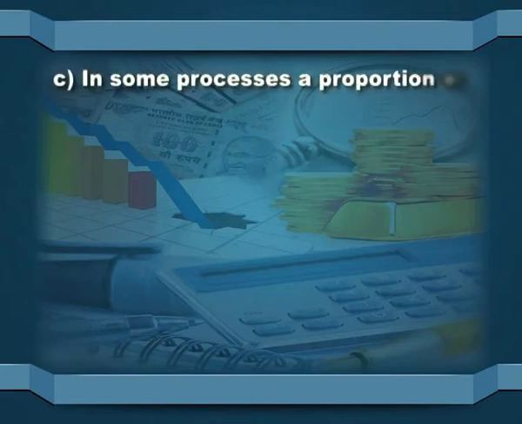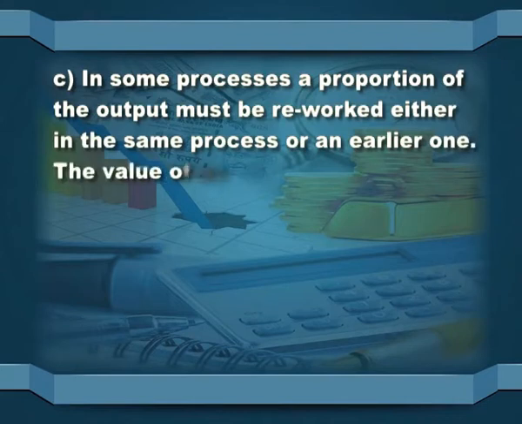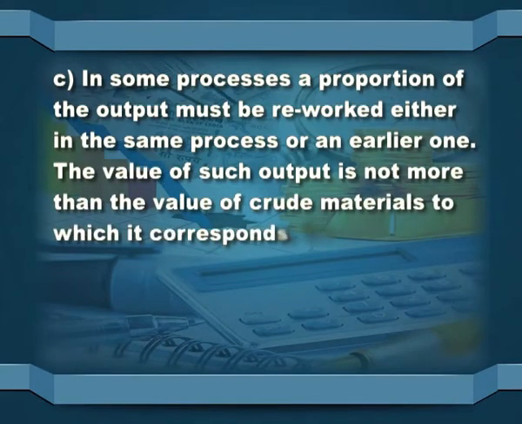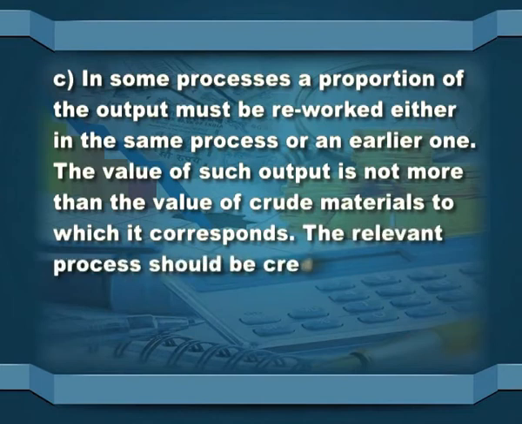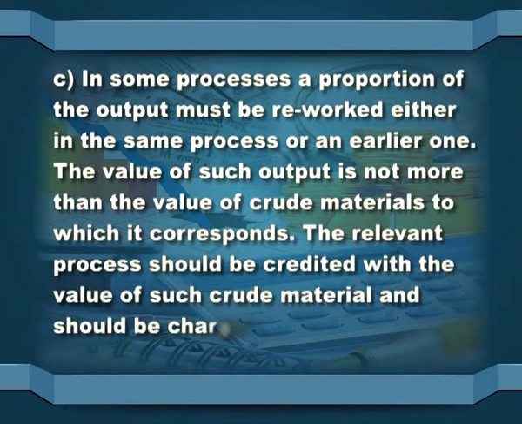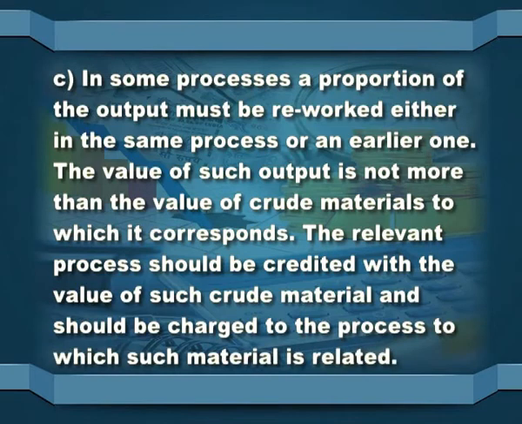C. In some processes, a proportion of the output must be reworked either in the same process or an earlier one. The value of such output is not more than the value of crude materials to which it corresponds. The relevant process should be credited with the value of such crude material and should be charged to the process to which such material is related.